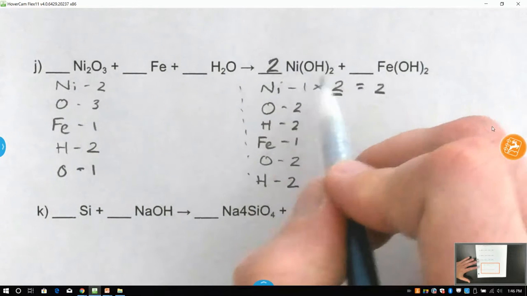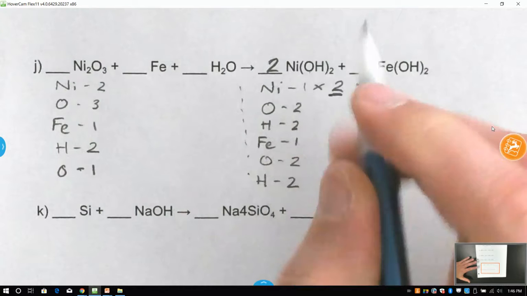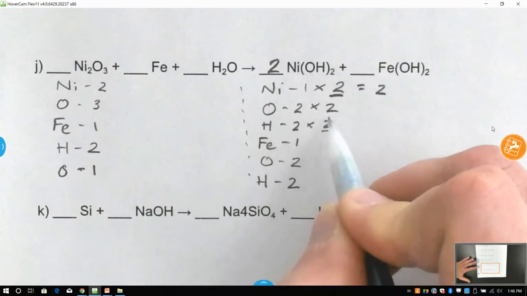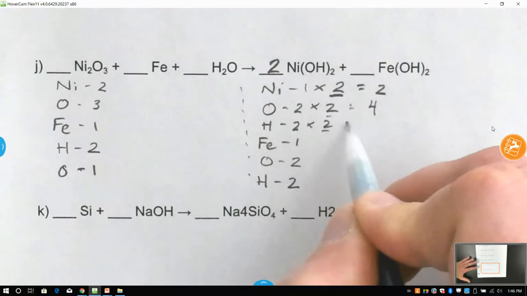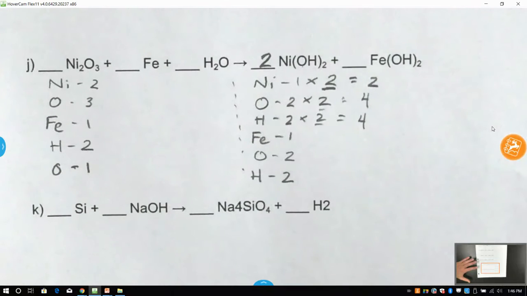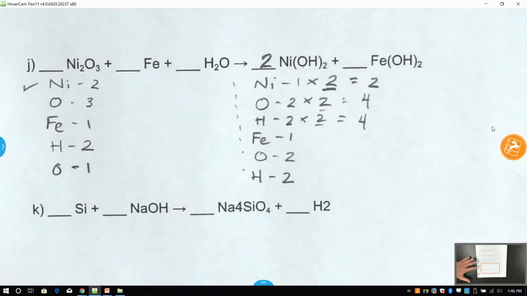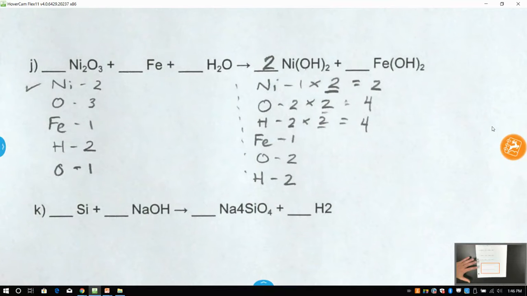But that also applies to who? This oxygen and this hydrogen. So they also have to get doubled. Which gives me 4 here and 4 here. Okay, so the nickel, they're balanced. The irons are balanced right now, so I'm going to let that chill.